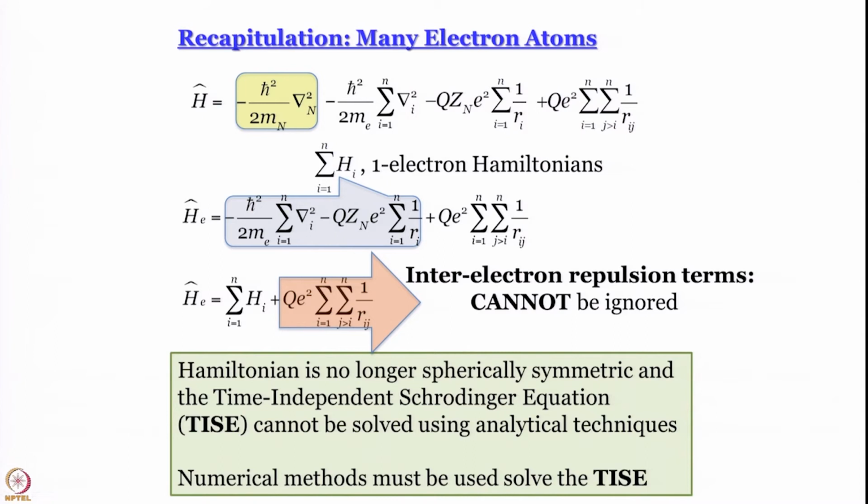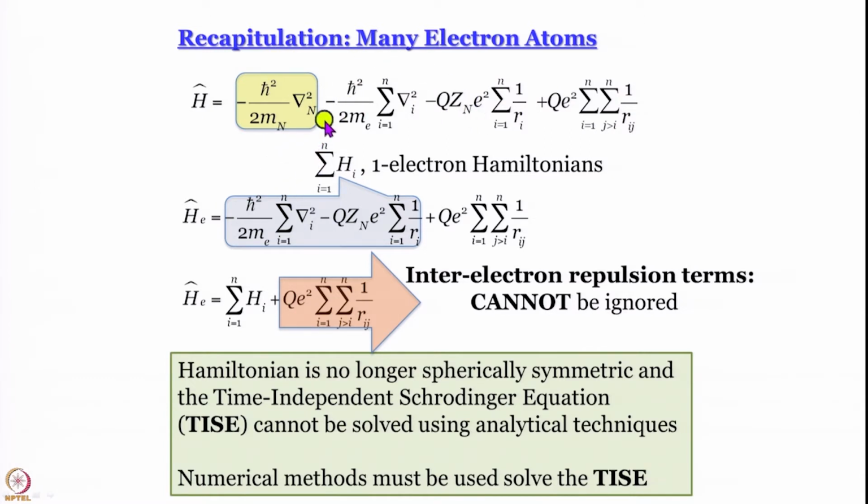But before that, let us recapitulate very quickly what we have studied in the earlier modules. We have learned that the way you write the Hamiltonian for many electron atom is that first of all you separate out the term for the kinetic energy of the nucleus or the center of mass.